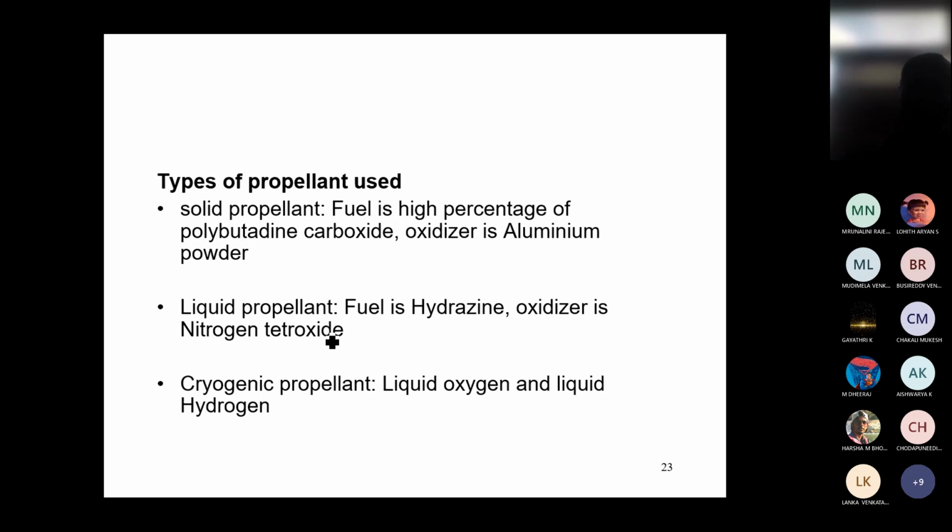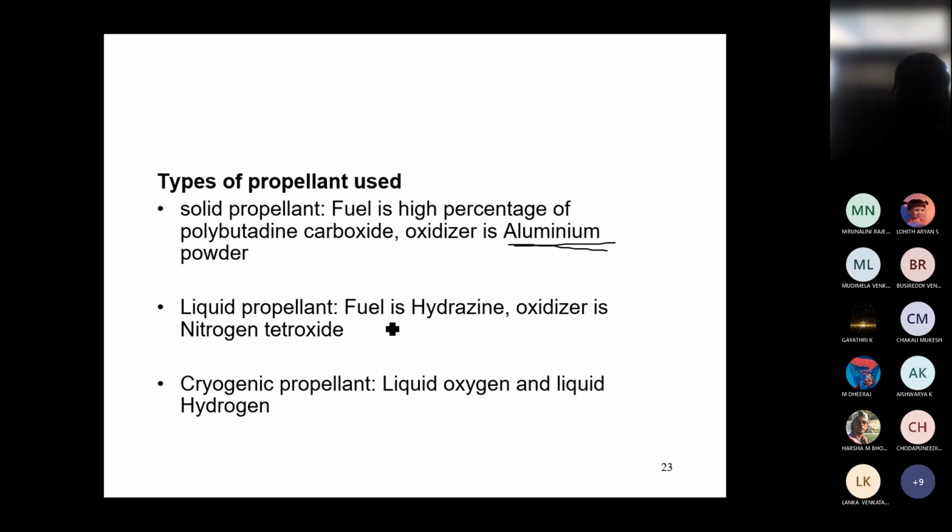Okay, so launch vehicles mostly carry three types of fuels. One is called the solid propellant, another is the liquid propellant, and the third is the cryogenic propellant. Examples of solid propellant are polybutadiene carboxide, oxidizer, and aluminum powder, which can also be treated as a solid propellant.